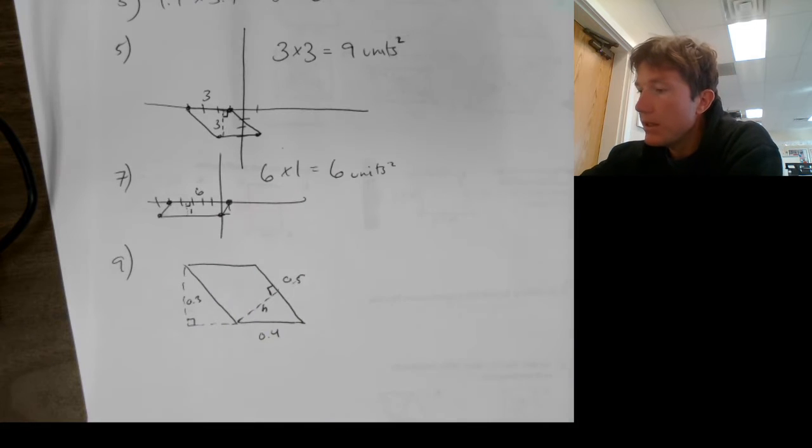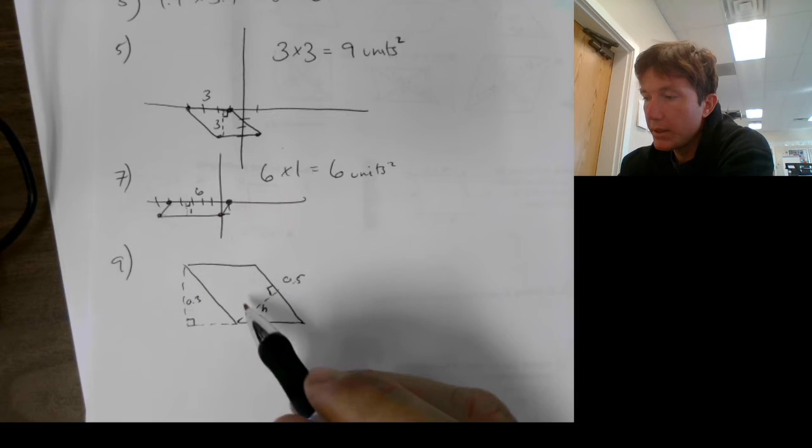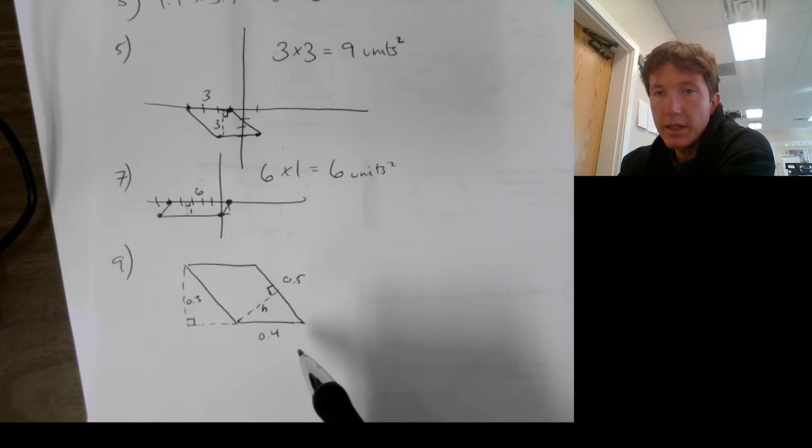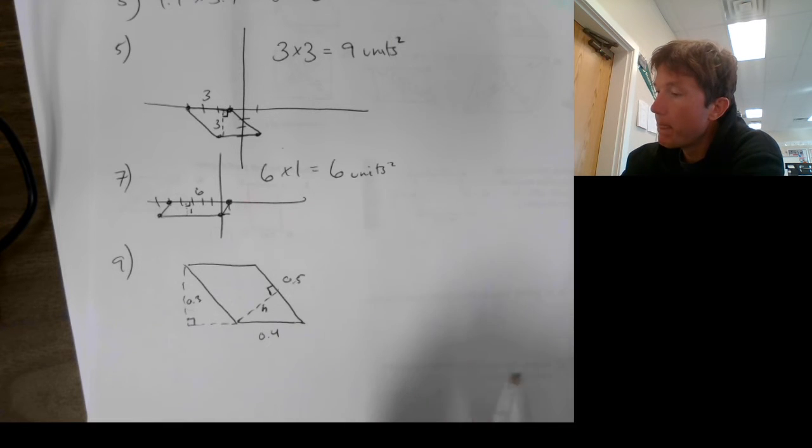Okay, so what I need to do is find the area of the parallelogram using a base and a height that I do know. And once I get that area, I'll divide it by the base with the height combination of h, which I do not know.